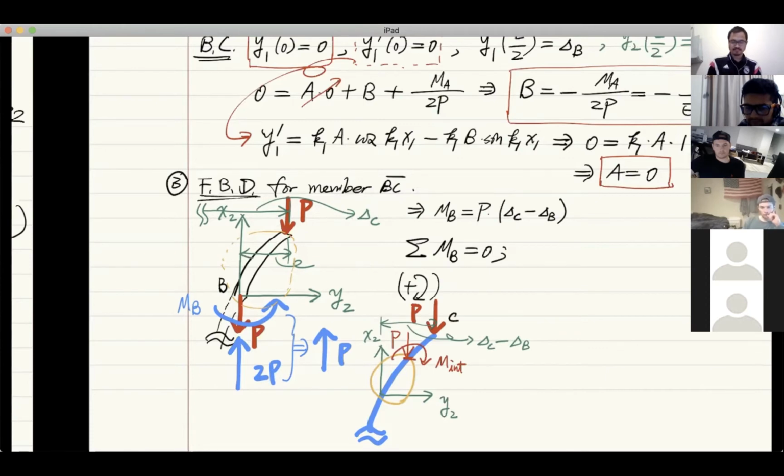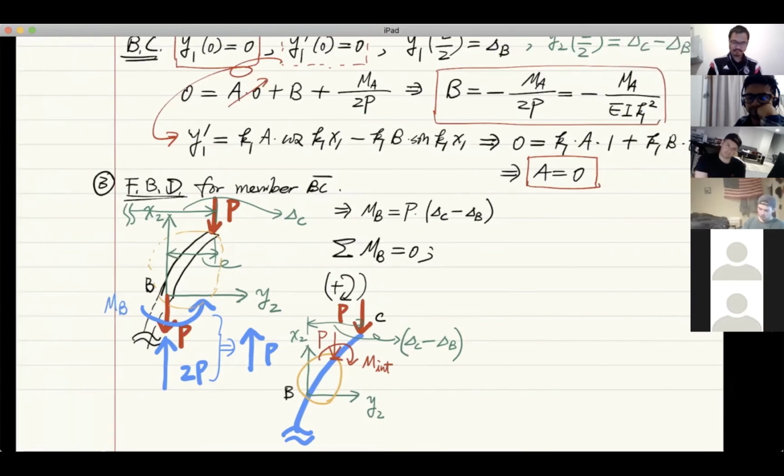But if you look at the free body diagram that is somewhere between point B and point C, the horizontal displacement is not going to be delta C minus delta B. Is that clear? Delta C minus delta B is the extreme at the end, at point C. Right now, when we cut the free body diagram, we cut only a section of it. So in that case, the horizontal distance is not going to be delta C minus delta B, but it's just going to be the variable y2.